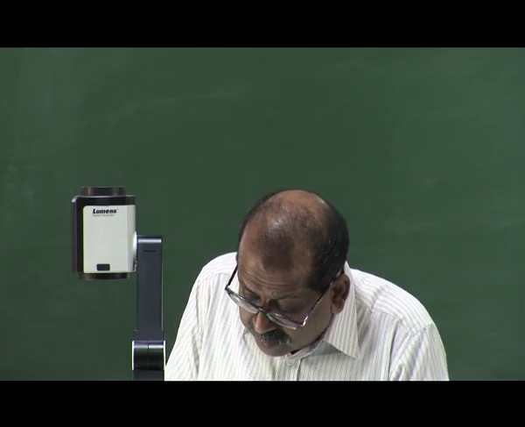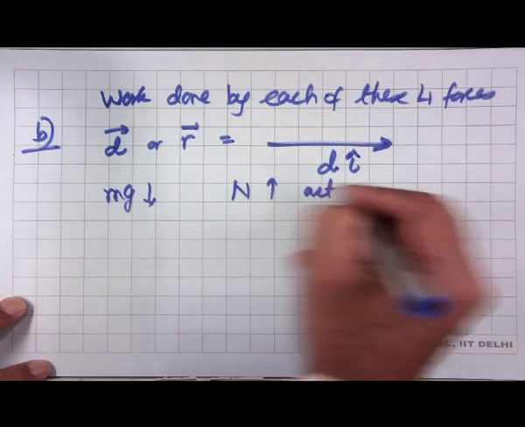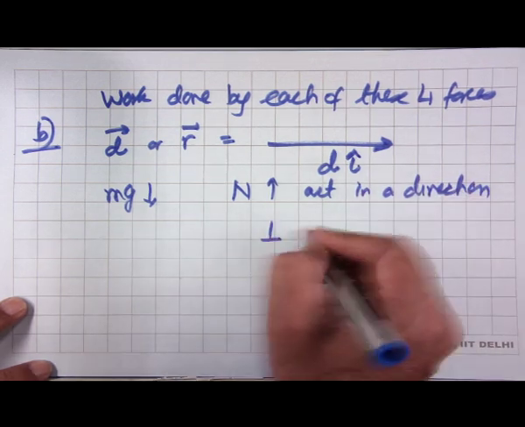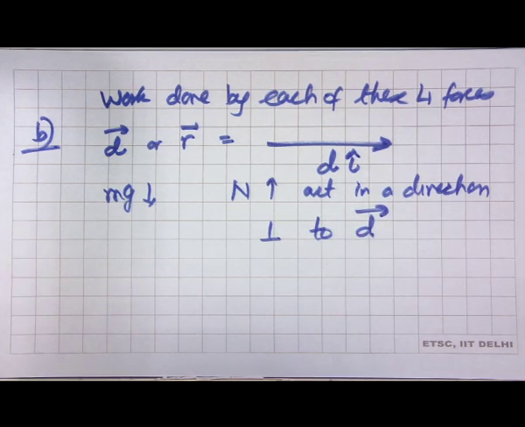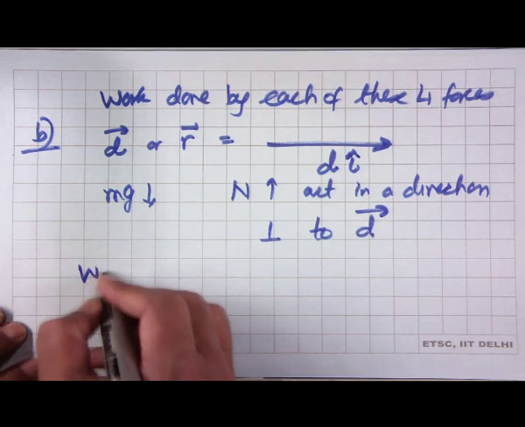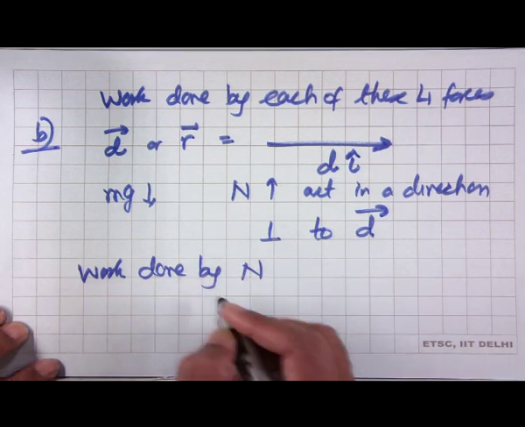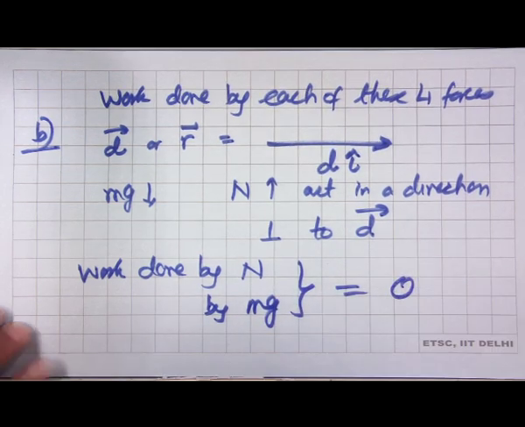Now, mg and N act in a direction perpendicular to the displacement d. So, therefore, the work done by N and the work done by mg is equal to 0.